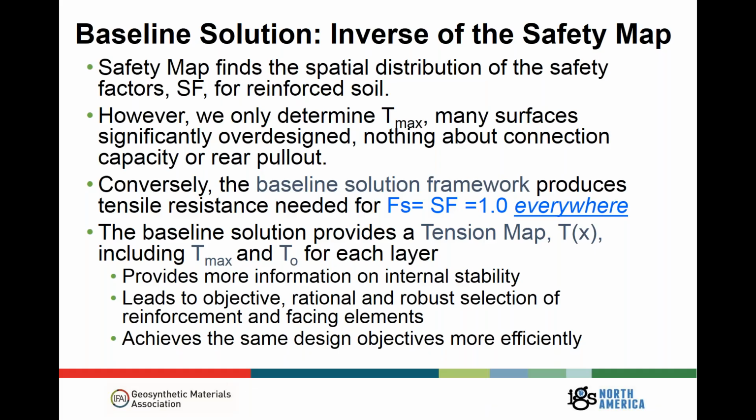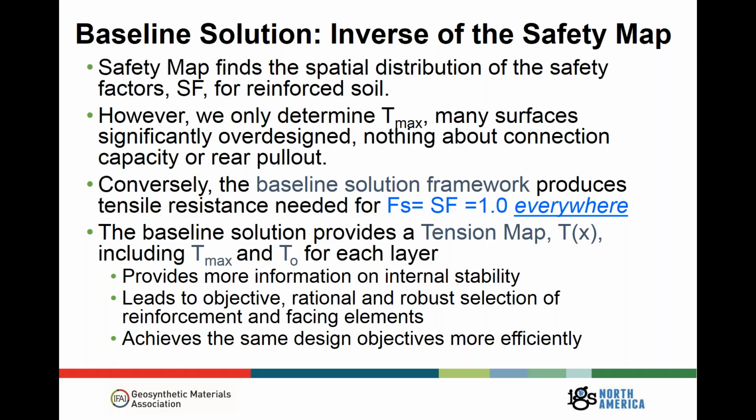And what it does is it gives us a visualization tool, the cousin of the safety map, that we call the tension map, which gives us a distribution of tensions throughout a reinforcement, Tx, including that same value we're looking for in design, Tmax, the maximum reinforcement load in each layer, as well as T0, the connection demand or connection capacity throughout, while also accounting for that failure envelope that you saw before in red and green.